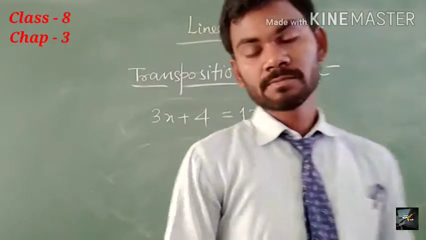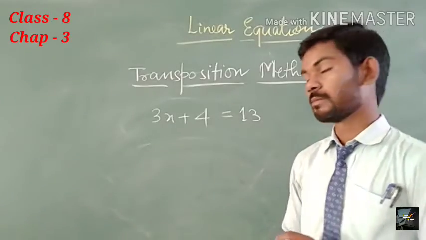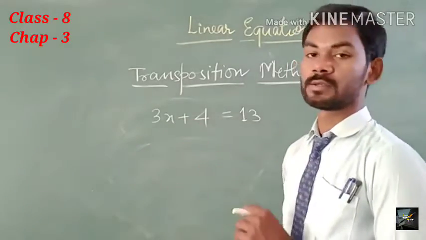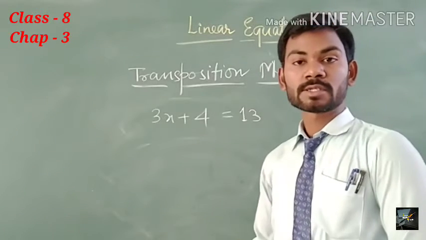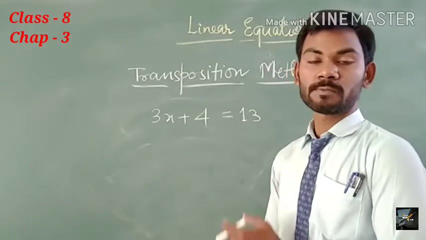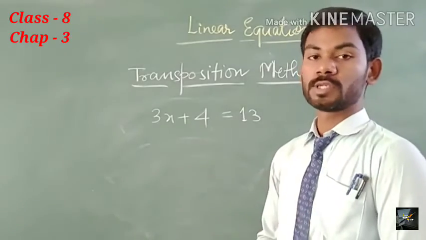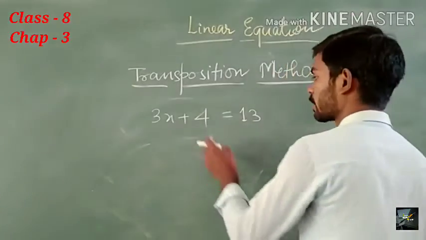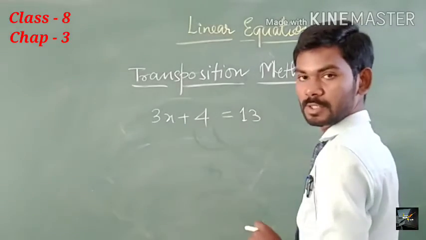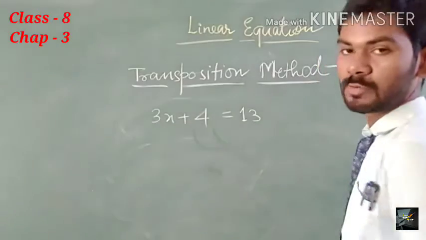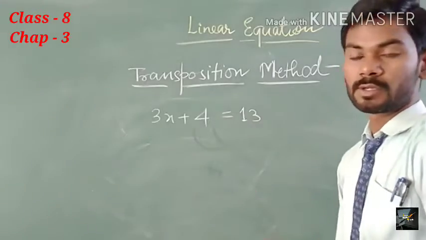In this method we have to isolate the variable by transferring the quantity. Here we transfer the constant quantity to one side of the equal sign and the variable quantity to the other side. So here first we transfer 4 to the right side, because on the right side there is no variable quantity, so it is easy to isolate the variable.